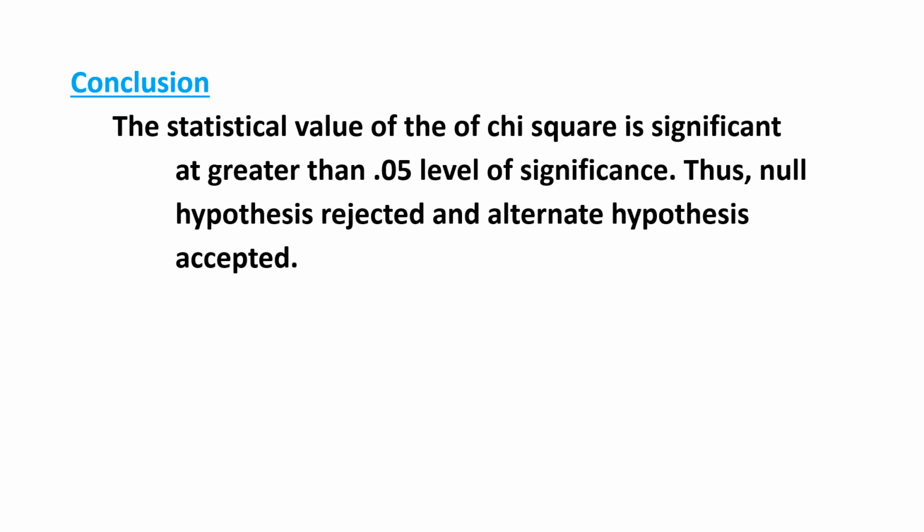Here, as we take the 0.05 level, we check whether our value is greater than the critical value written in the table or less than it. Our calculated value was greater than the critical value written in the table. That's why we reject the null hypothesis and we accept the alternative hypothesis.